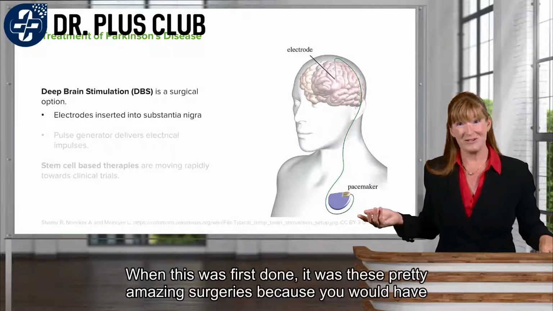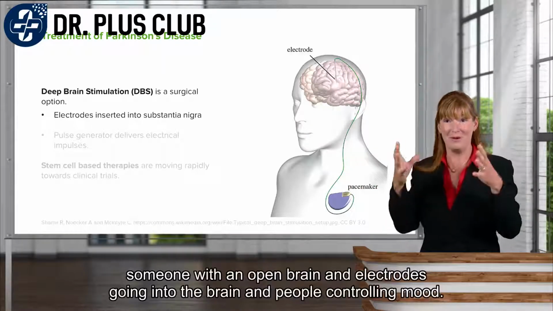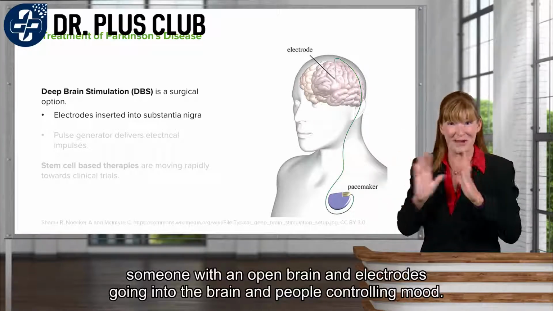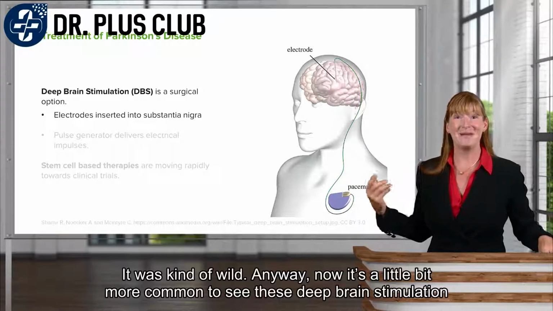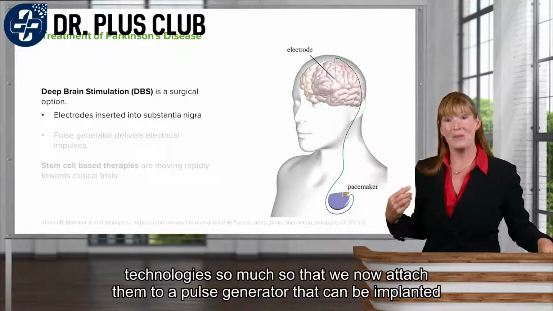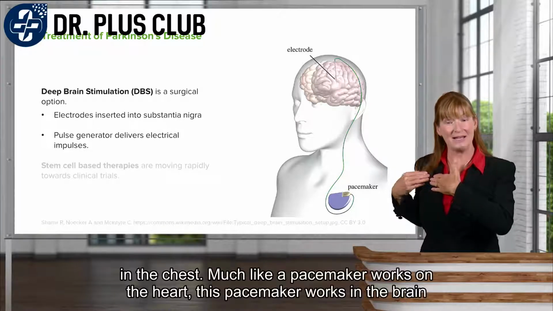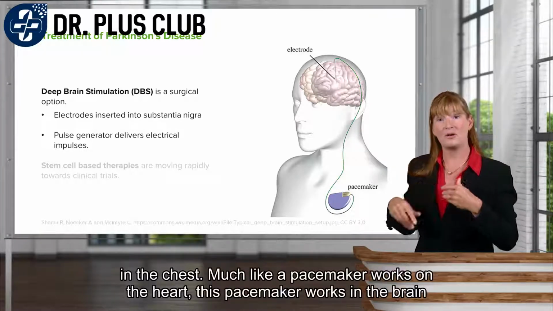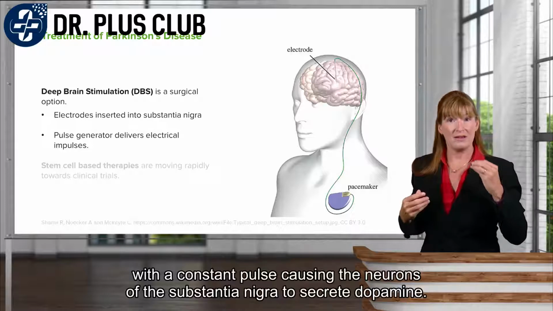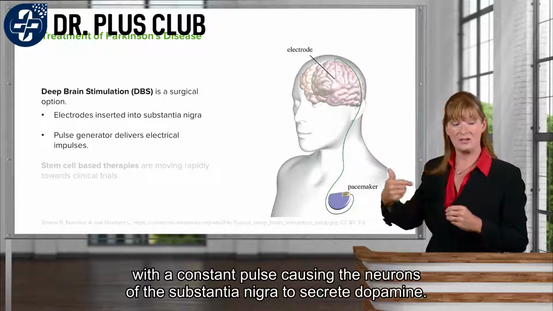When this was first done, it was pretty amazing surgeries, because you would have someone with an open brain and electrodes going into the brain and people controlling movement, and it was kind of wild. Anyway, now it's a little bit more common to see these deep brain stimulation technologies, so much so that we now attach them to a pulse generator that can be implanted in the chest, and much like a pacemaker works on the heart, this pacemaker works in the brain with a constant pulse, causing the neurons of the substantia nigra to secrete dopamine.